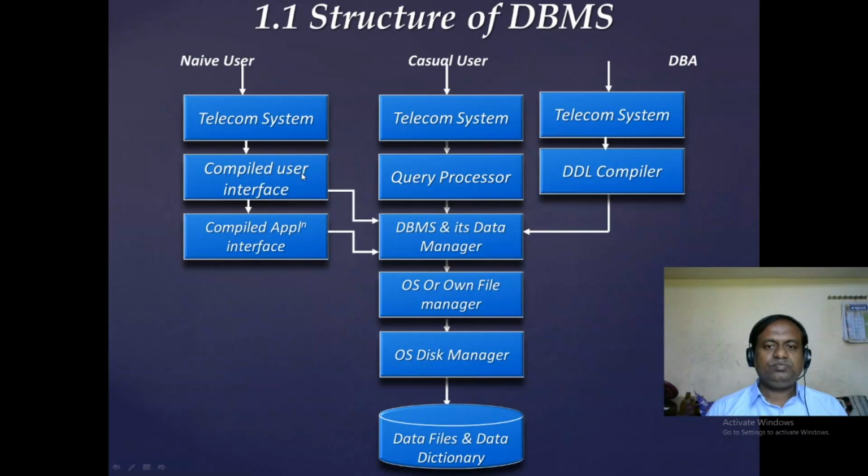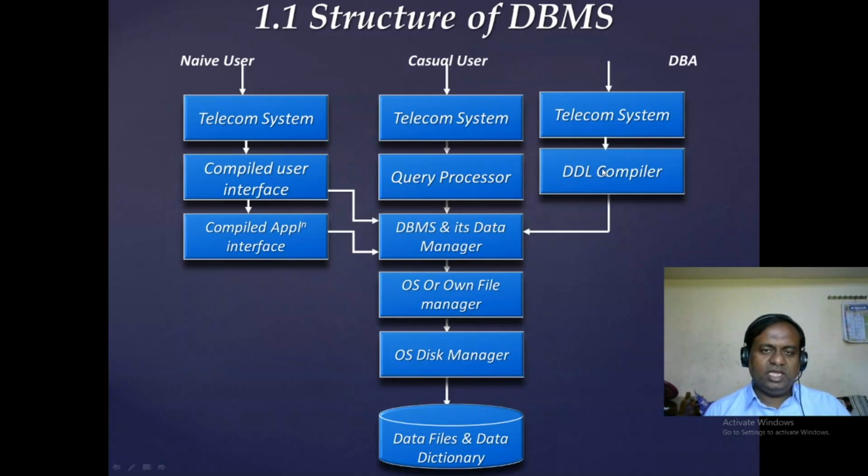See, whatever commands are executed by the application programmer will be available in compiled format, as the diagram shows here. If a command is executed for creating an object, that command will be transferred to the DDL compiler, which will compile the component.